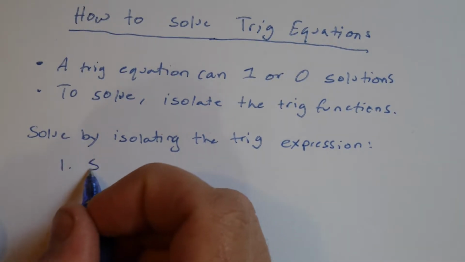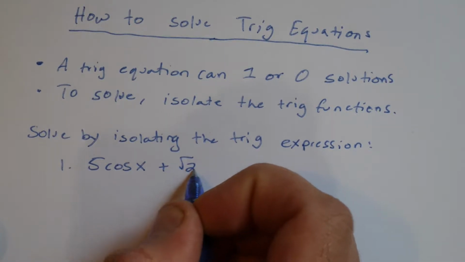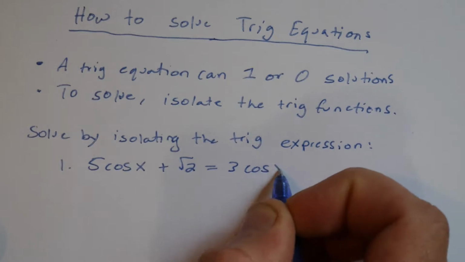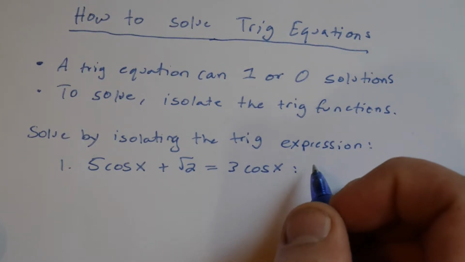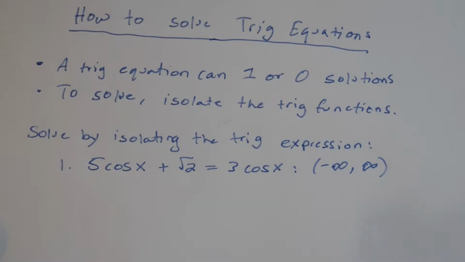So let's say 5 cosine of x plus root 2 equals 3 cosine of x, and the domain here is negative infinity to infinity.